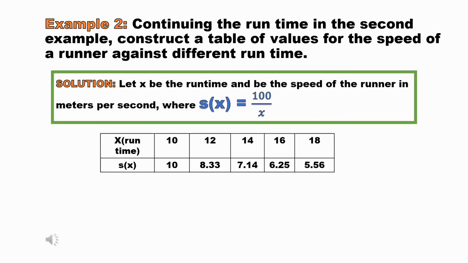If your runtime is 16 seconds, 100 divided by 16 will give you 6.25. If your runtime is 18, 100 divided by 18 is 5.56. So note that the speed decreases as time increases. So as your time increases, the speed also decreases. You can see that in the table.